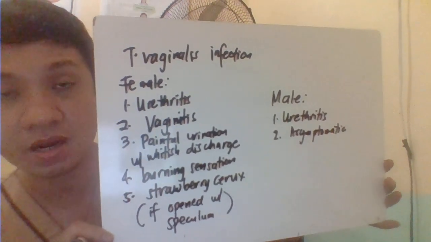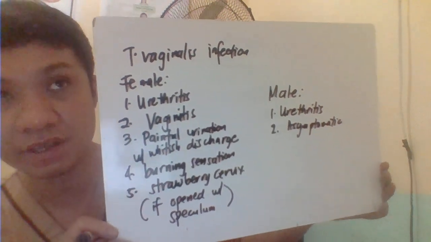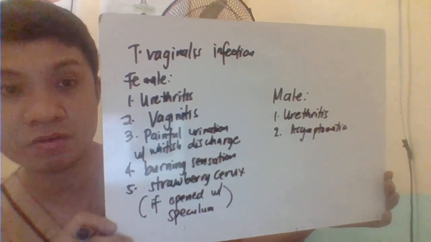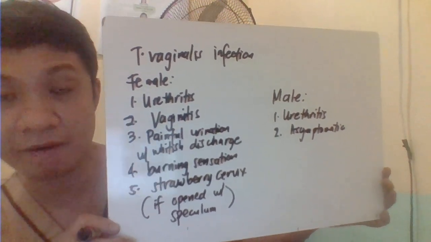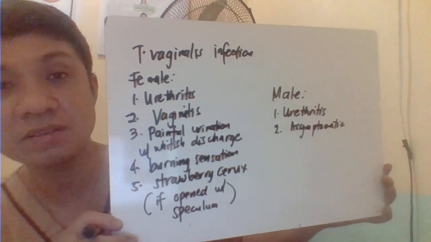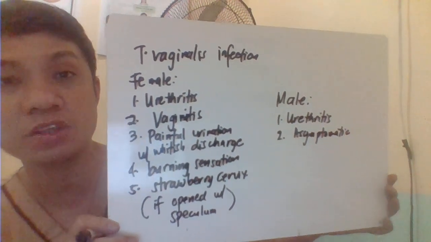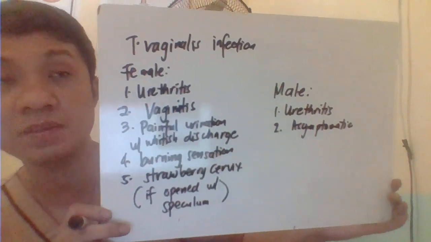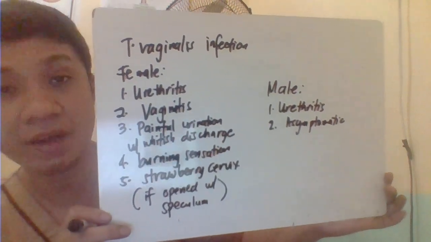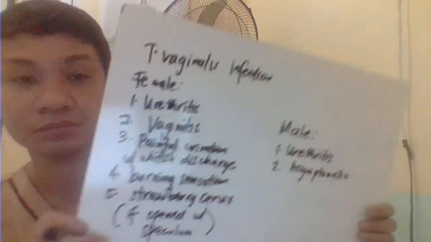And we have also the strawberry cervix, mapula na cervix, because of the inflammation. For the male, urethritis, most likely asymptomatic in a male, and that's the reason why mahirap siya i-prevent, because sometimes with your sex partner, you would consider that one na parang healthy siya, wala siyang nararamdaman, especially for the male, but then again, infected na siya. And therefore, nagkakaroon na infection because of that.